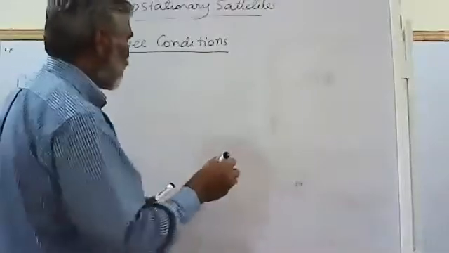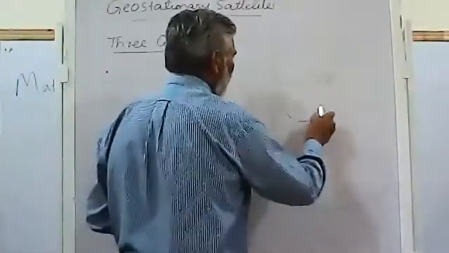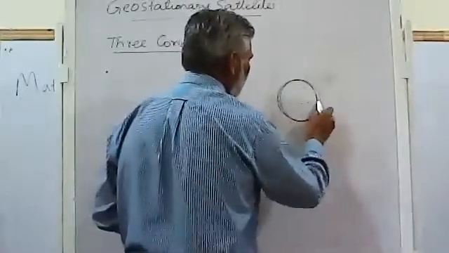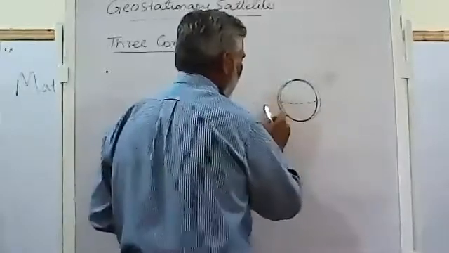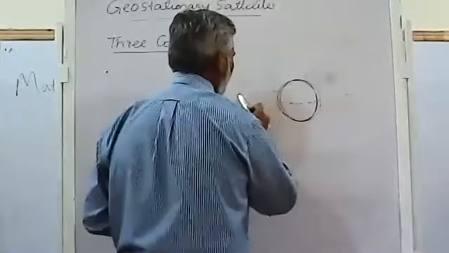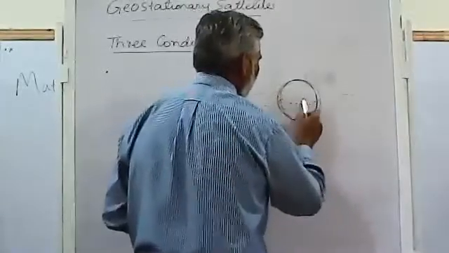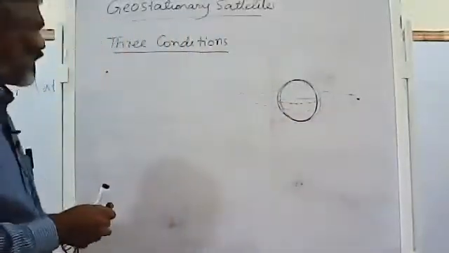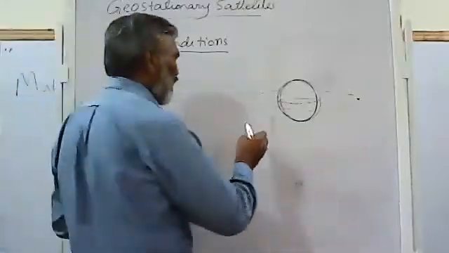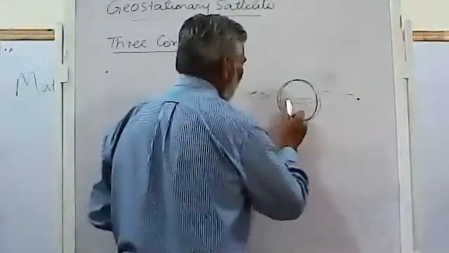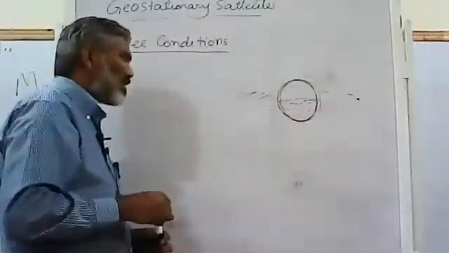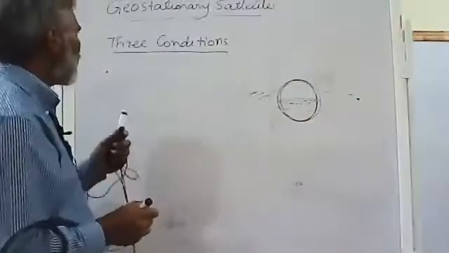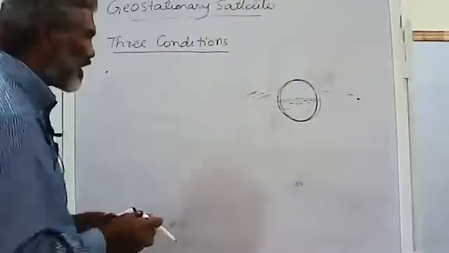Number one is, if this is the planet Earth and this is its equator, a geostationary satellite moves in the orbit which must be in the equatorial plane. That means the plane of the orbit and the plane of the equator must pass through each other. This is one of the essential conditions for geostationary satellites.